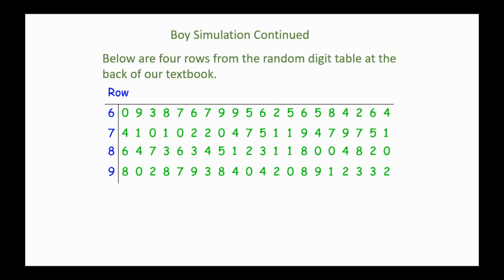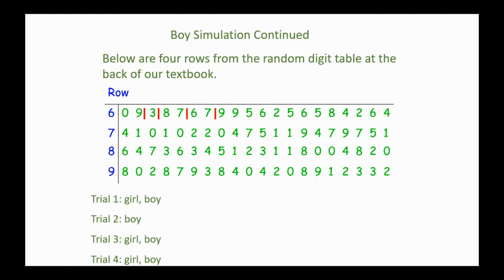Girl, and then the next trial, what would the outcome of that one be? Boy. And we stop because we have a boy. What about the next one? Girl, boy. And then 6, 7 gives us girl, boy.